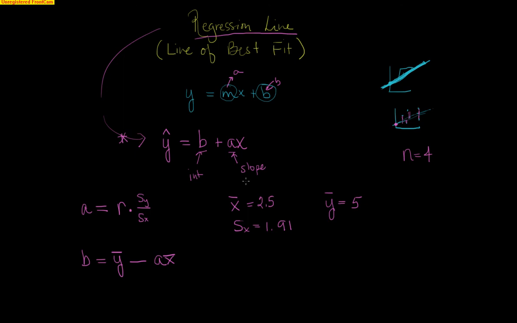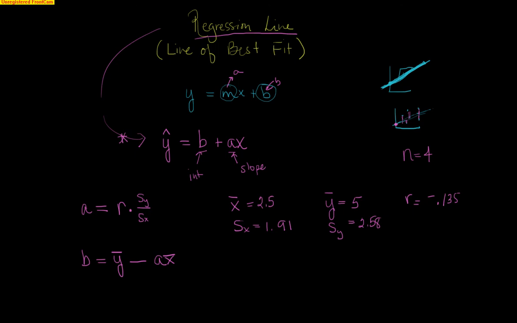Of the 4 days, it averaged out to 5 cups of lemonade sold, with a standard deviation of 2.58. And if you recall from the previous screen, our r value was minus 0.135. We had a slightly negative, very weak correlation.